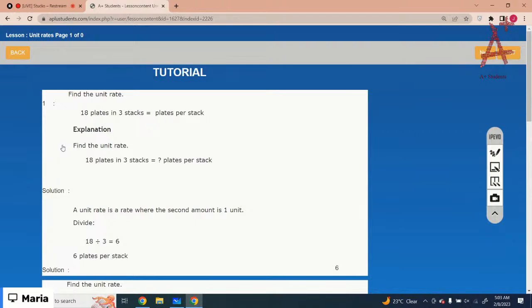The unit rate is a rate where the second amount is 1 unit. So you have to divide the given value, 18 divided by 3. When you divide 18 by 3, you will get the plates per stack. 18 divided by 3 is 6. Got it? So that means 6 plates per stack.